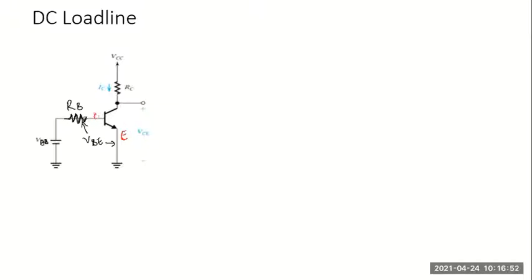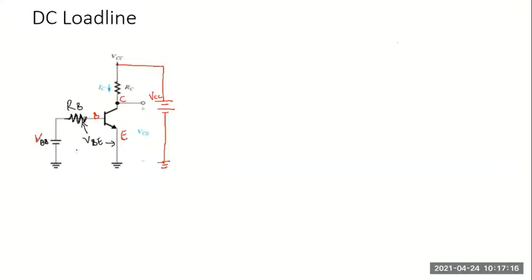Please understand this is emitter, base, collector. Emitter is common here. We have given the base power supply VBB and we have given the collector power supply VCC. I told you this VCC is a connection like this between positive to collector and negative to ground. That's the meaning of writing VCC like this.